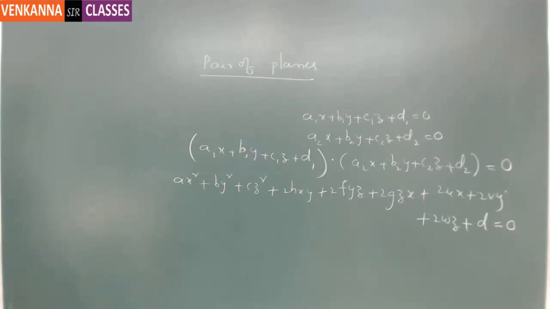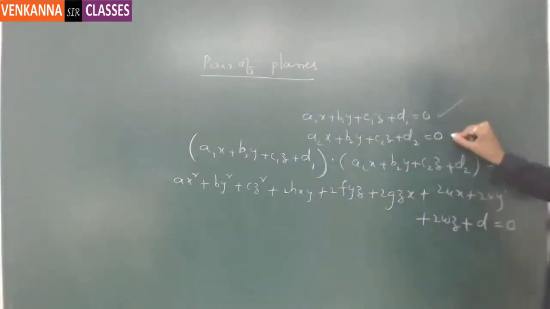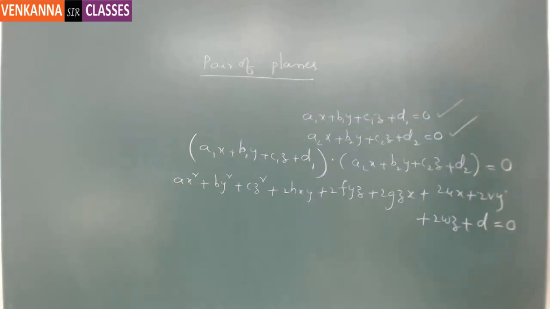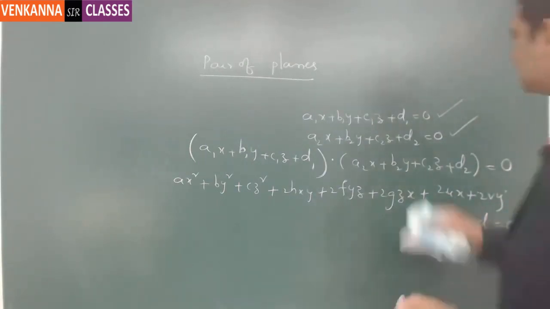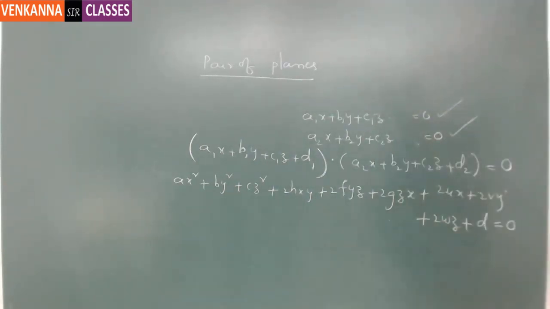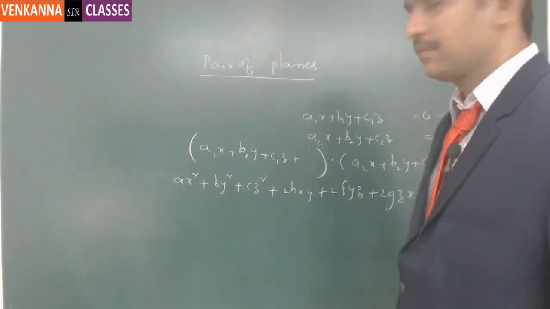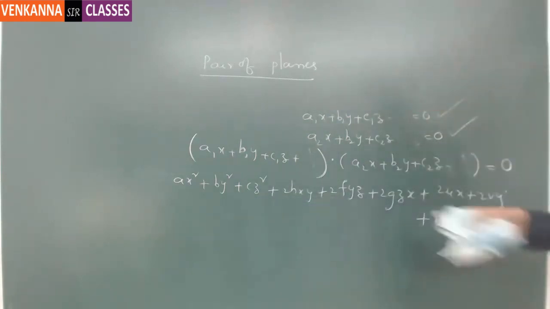Now the other thing is, the planes which I have considered are passing through the origin. So what happens? They won't contain the constant term there. Hence, if you remove the constant term, then you will get a homogeneous equation.